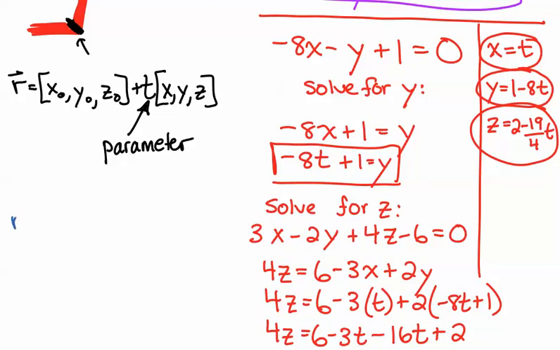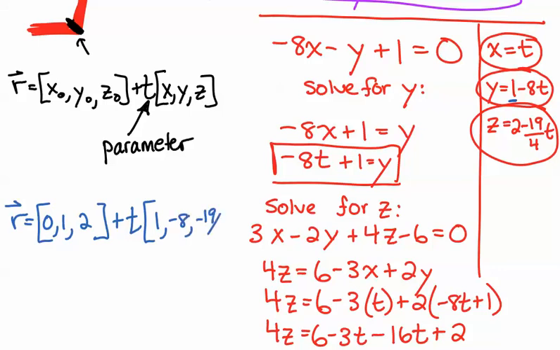If I wanted to turn that into a vector equation, I just take my point first, which is all the constants. So x doesn't have one, so 0. Y's constant is a 1, and z's constant is a 2. Plus, then I go through my parameter stuff. So x has a 1 in front of the t, y has a negative 8 in front of the t, and z has a negative 19 over 4 in front of the t. So that's my vector equation, and this is my parametric equation.